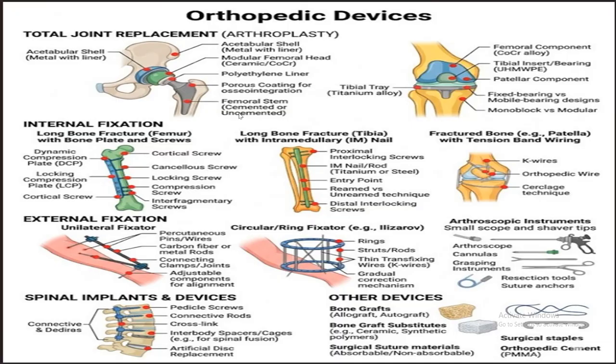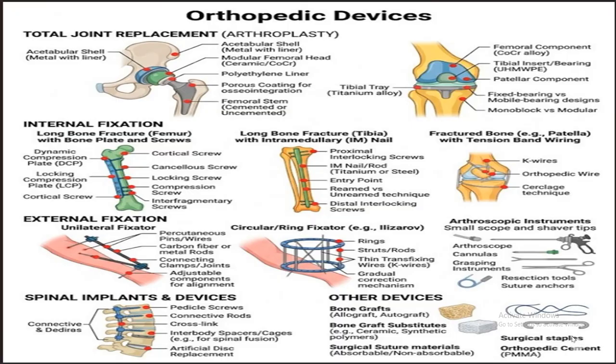And we have the femoral stem, which is cemented or uncemented, which is useful for PCS coding. But in outpatient coding, we have only two components, acetabular as well as femoral. And in the middle, we have a polyethylene liner, which will reduce the friction whenever the femoral head is in the acetabular shell. So what is important here?